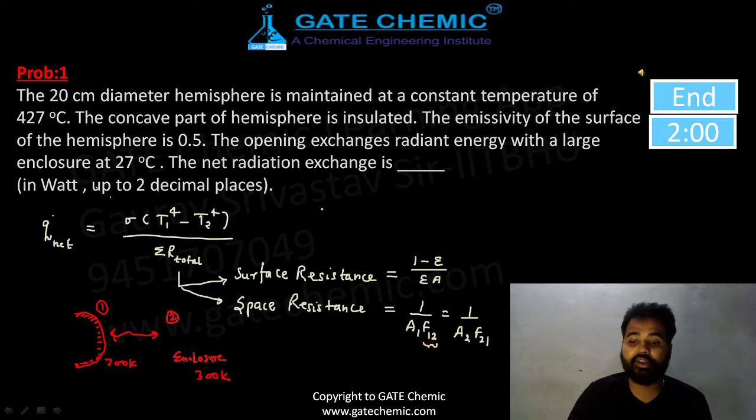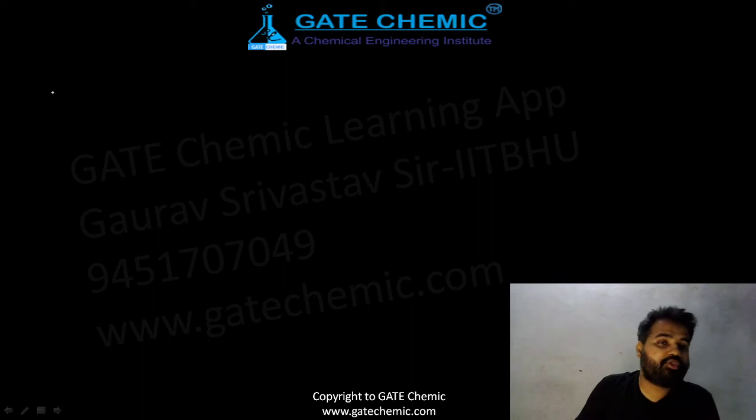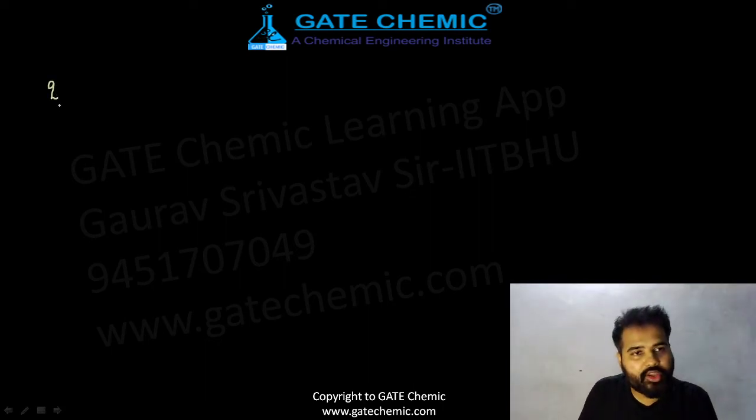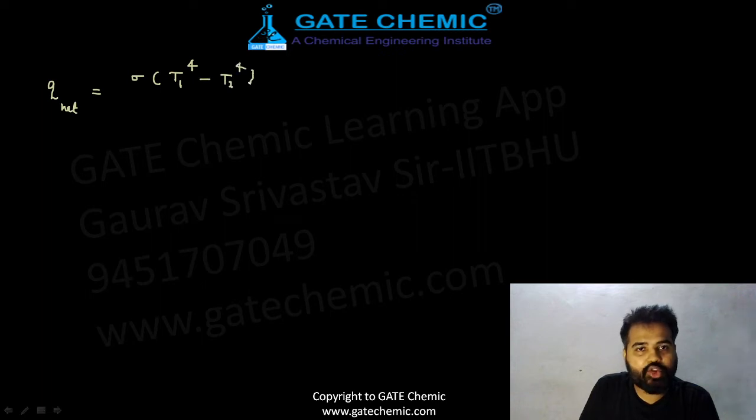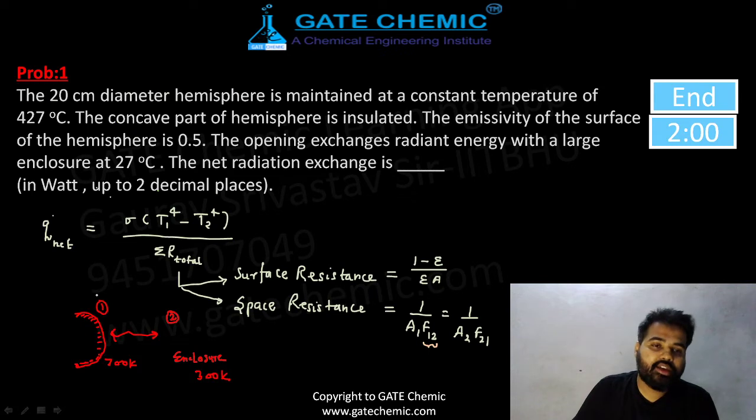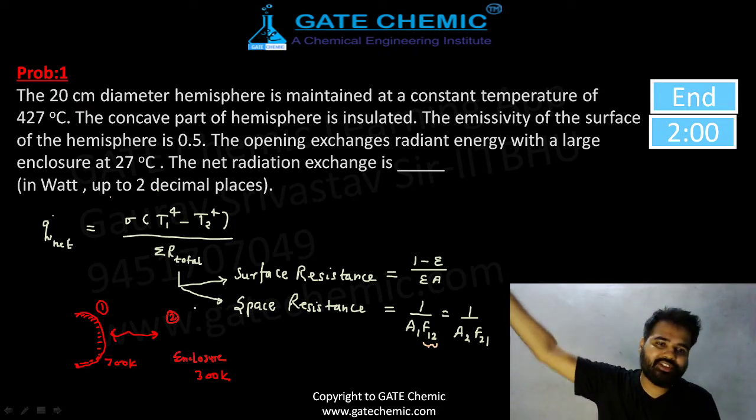No problem. See, so in this case, beta, you have to calculate Q net. And for Q net, you know the formula, that is T1 to the power 4 minus T2 to the power 4, and T1 and T2 must be in Kelvin, beta. Now in this case, you can see there are three resistances: one is the surface resistance, second is the space resistance, then the large enclosure surface resistance.